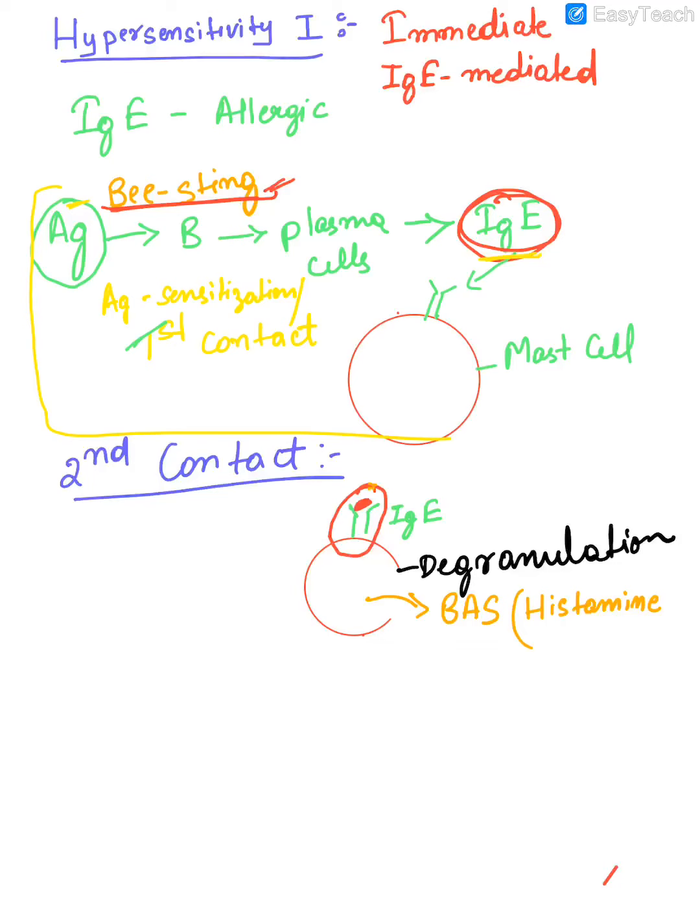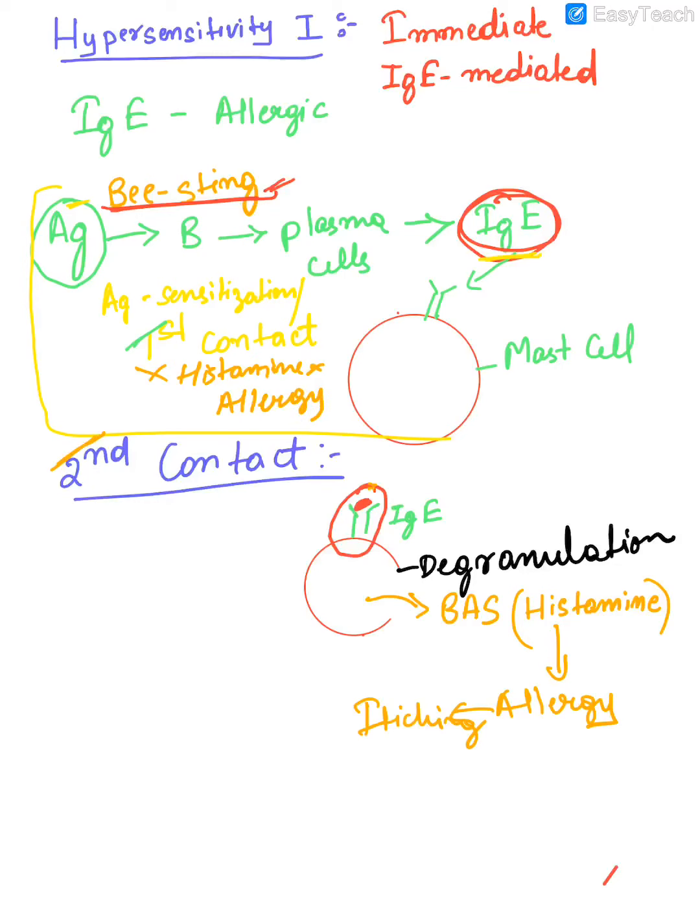What will histamine do? It will cause allergy, and this allergy will lead to itching. Now the thing that we need to notice is that during the first contact there was no release of histamine, so there was no allergy. But during the second contact there is release of histamine, which causes allergy, which causes itching.